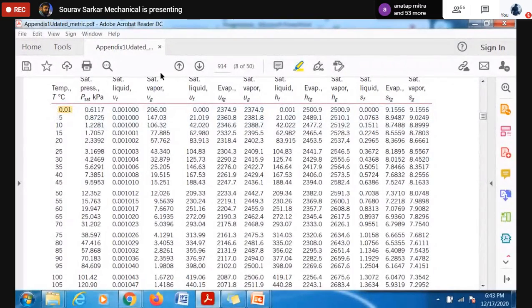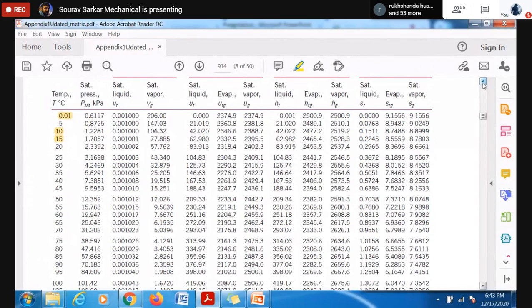The temperatures are 0.01 degrees Celsius, 5 degrees Celsius, 10 degrees Celsius, 15 degrees Celsius, and what is on the right side? Can you tell me what is the second column? What is the meaning of the second column? Saturated liquid form? Yeah, exactly.